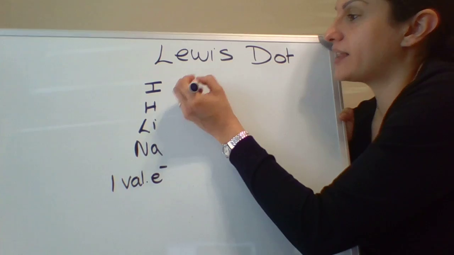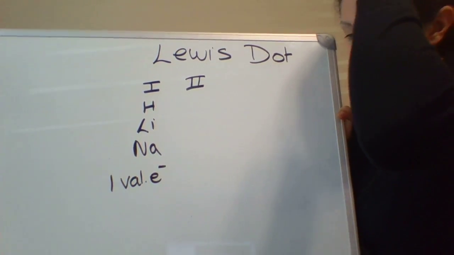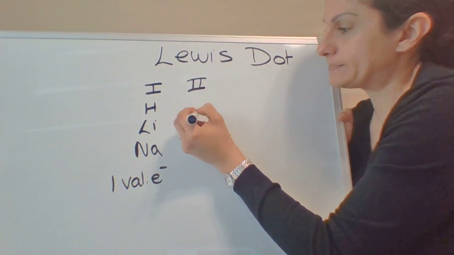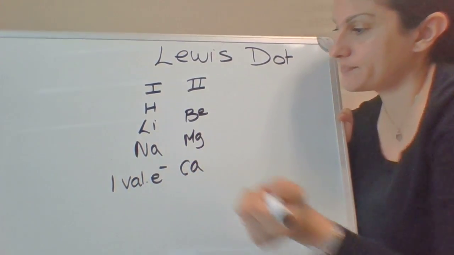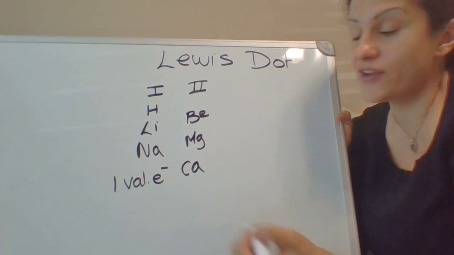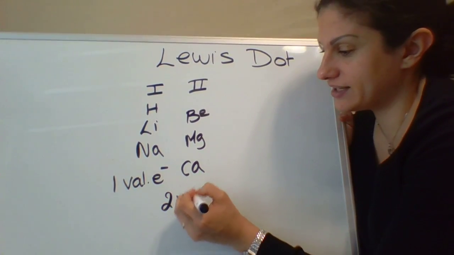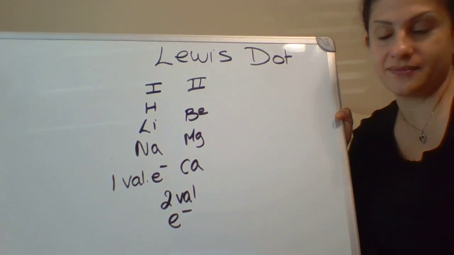If you look at all the elements in group 2, which include beryllium, magnesium, calcium, all those have 2 valence electrons.